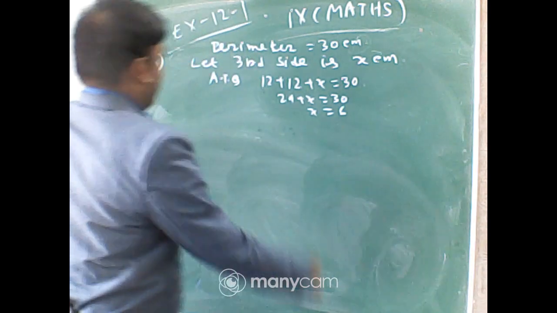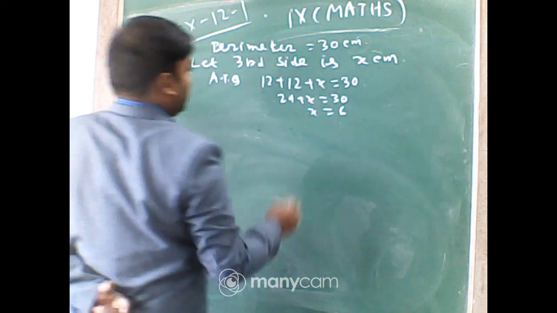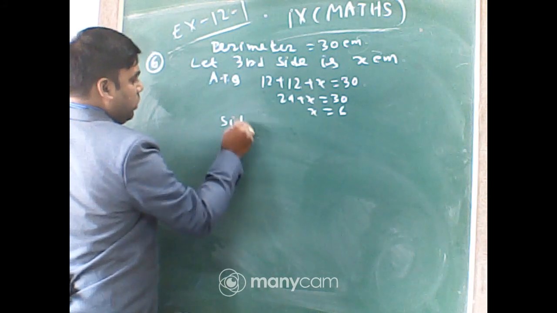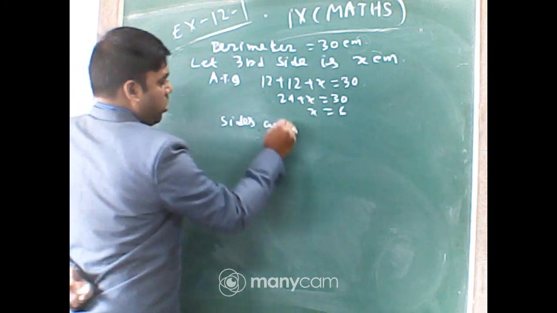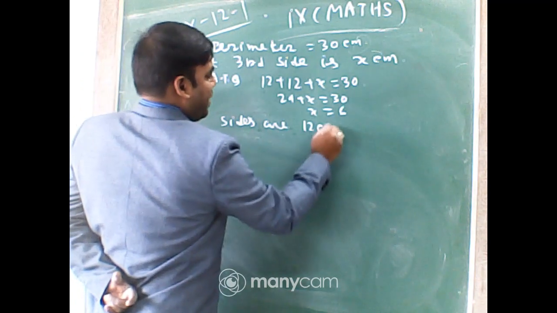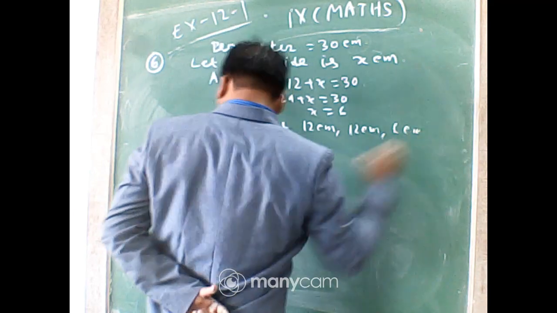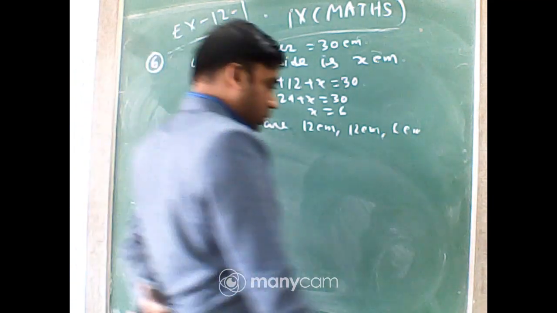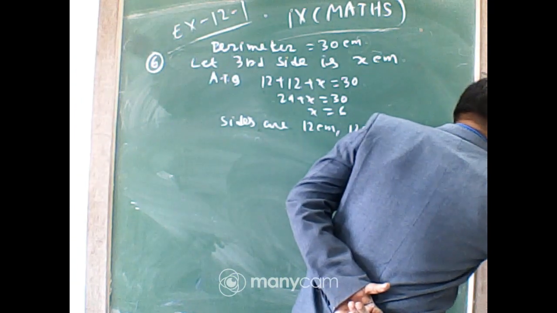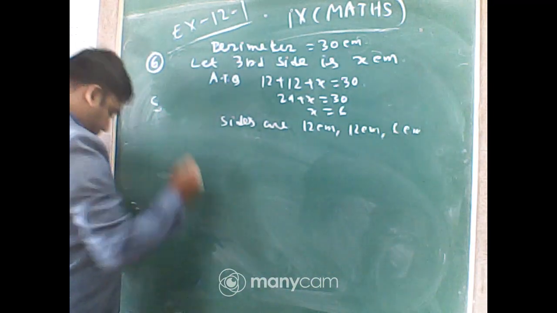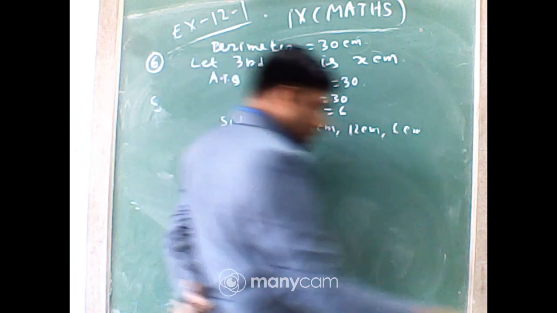Now if x equal to 6, so sides are 12 cm, 12 cm and 6 cm. Okay. Now students, what is the value of s? What is the value of s?